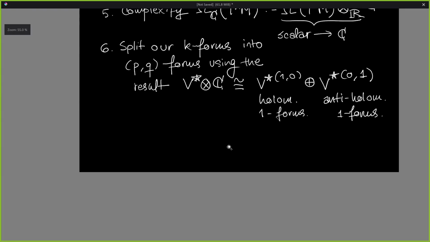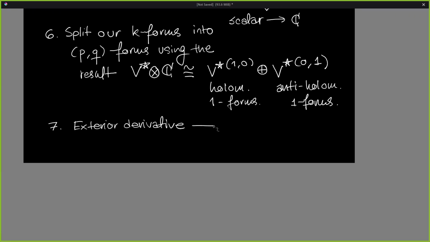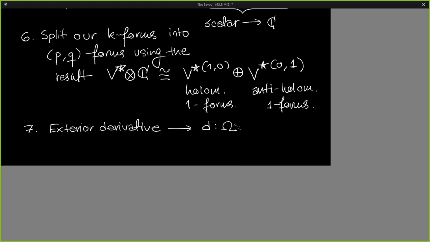And now there's an interesting thing. We also defined the exterior derivative. That's where we're going to start now. This was a map that went from omega k on M to omega k plus 1.